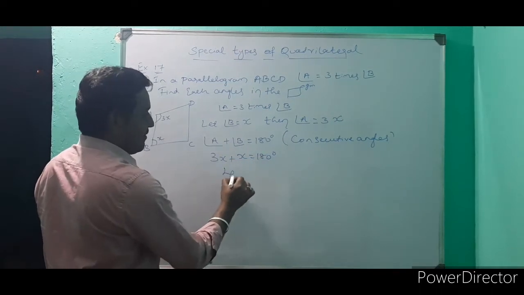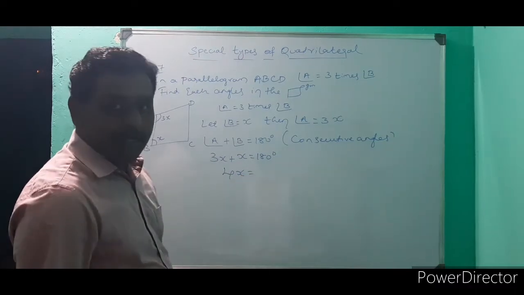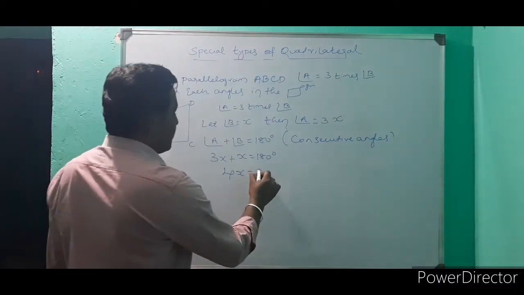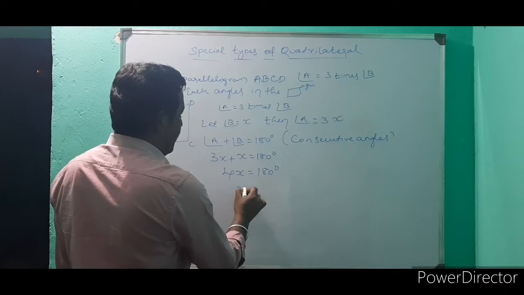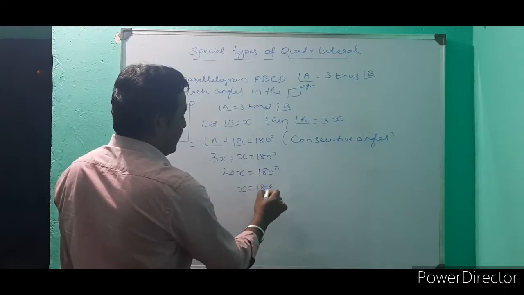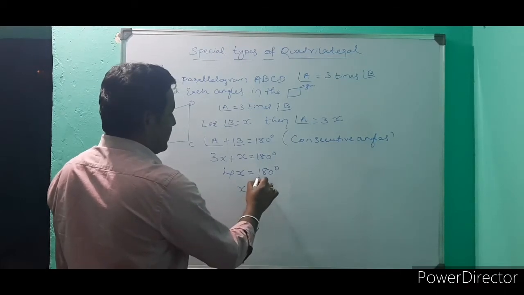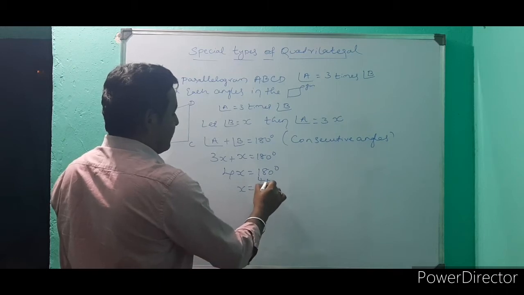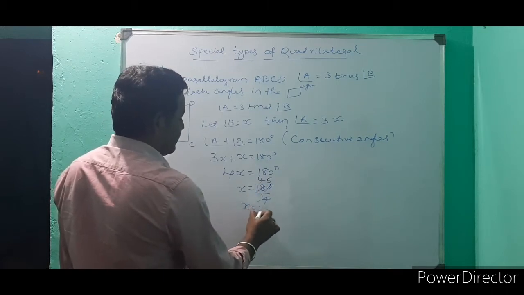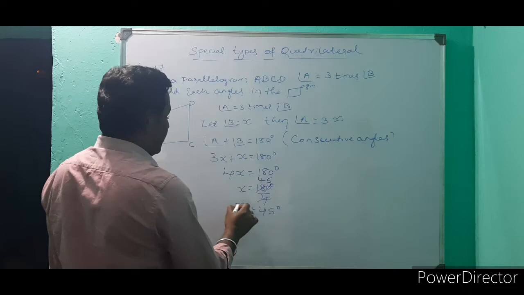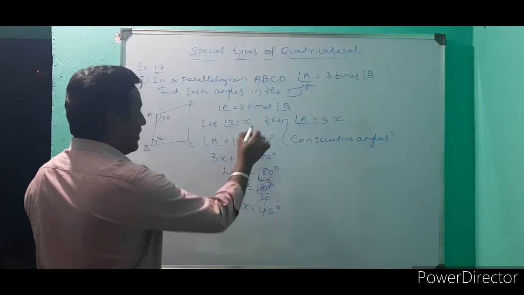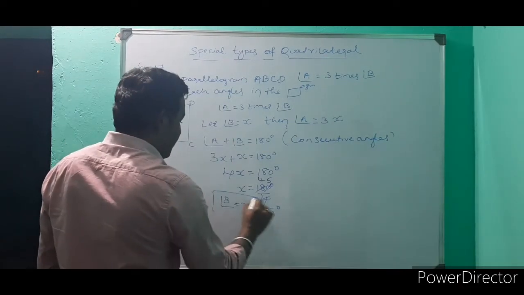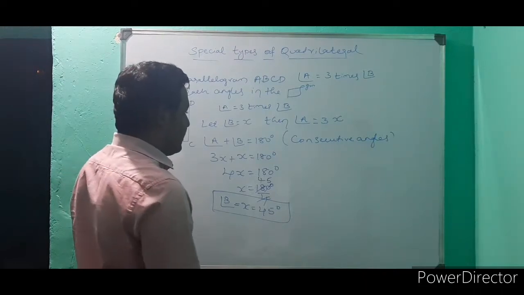3x plus x, 4x is equal to 180 degrees. x is equal to 180 divided by 4, which is 45 degrees. That is the x value, which is angle B. So angle B is equal to 45.